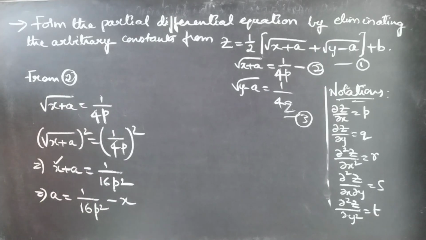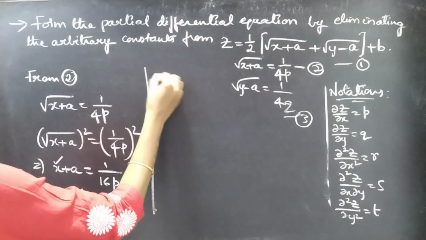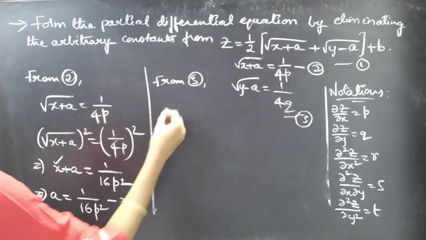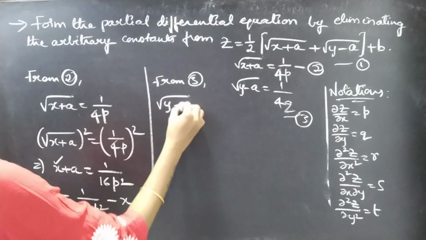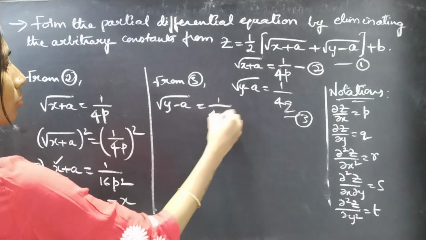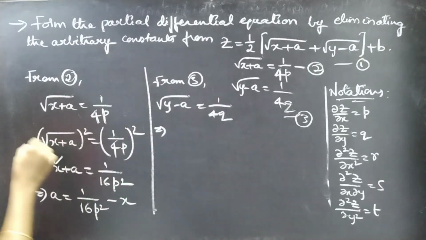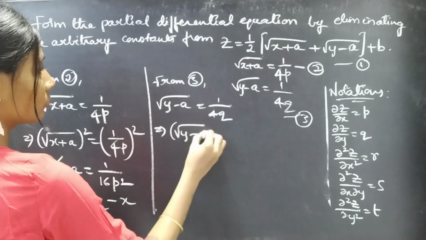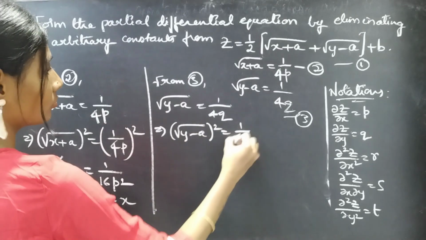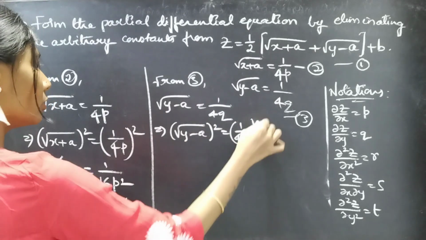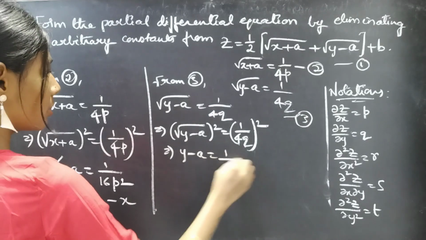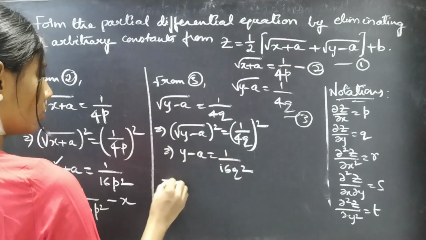minus x. From 3 we have square root of y minus a equal to 1 by 4q. Just by squaring on both sides you'll get, right, y minus a equal to 1 by 16q square.